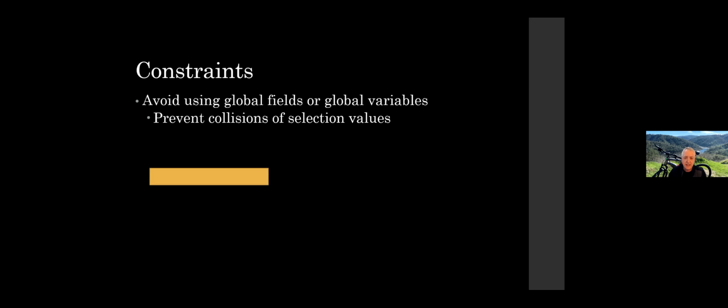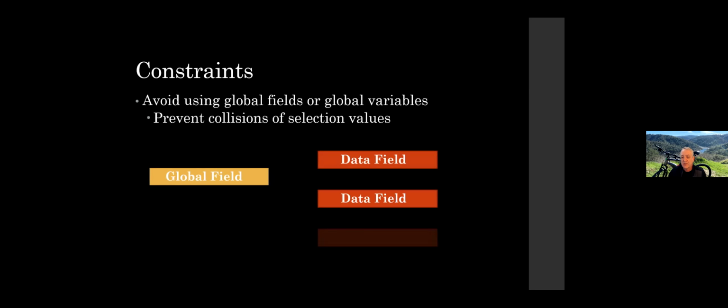Let me demonstrate that. So if you have a parent record that you're working with in a parent window, and you put a value in a global field, you may have 3 other windows or 3 other records, each with data fields. And you're trying to select that value from one of those data fields by putting the global field in there.